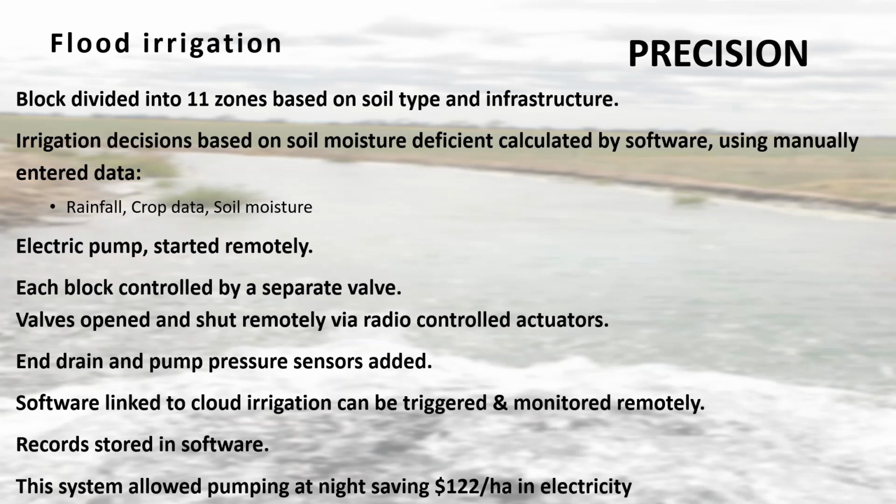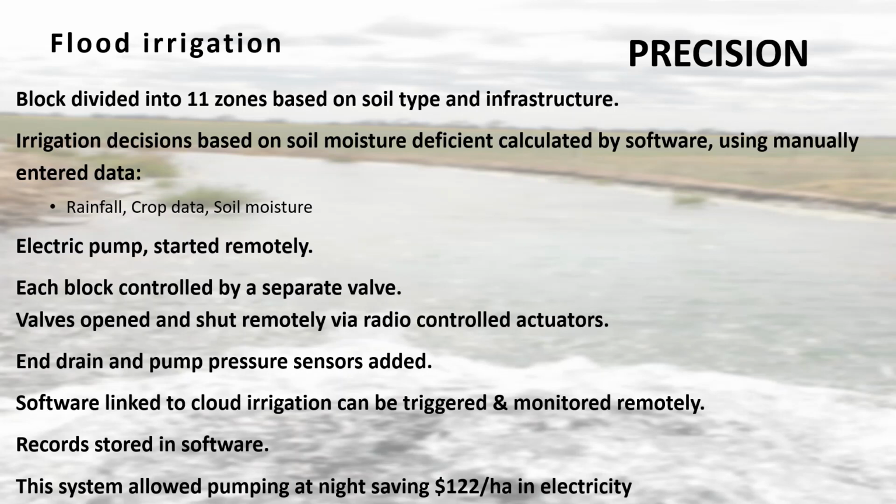This soil moisture deficit value was then manually uploaded into the irrigation software, which calculates the irrigation rate and the rate required, and also controls the pumps and the valves. And being a cloud-based system, the irrigation now could be triggered and monitored from any remote location.